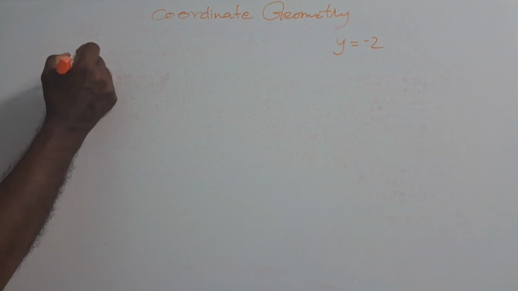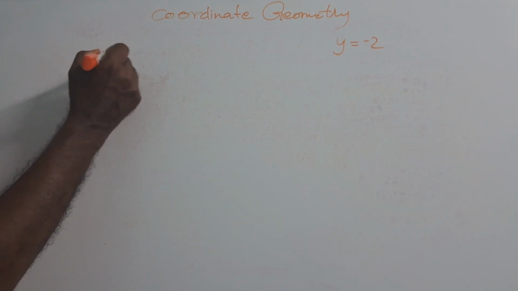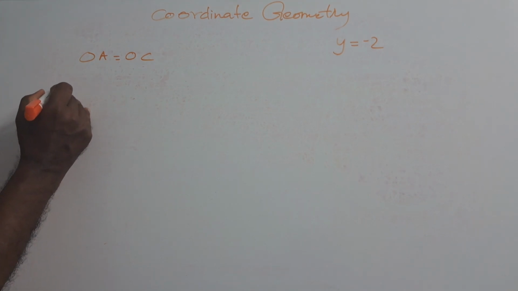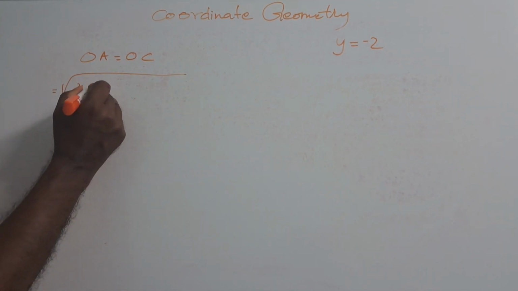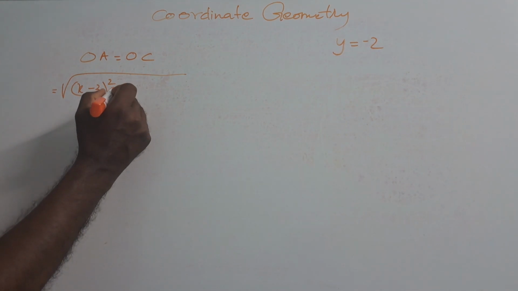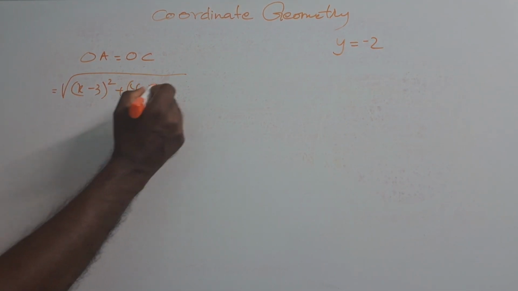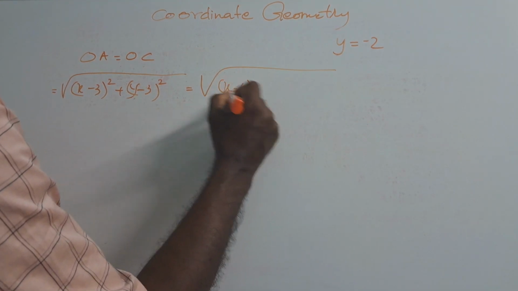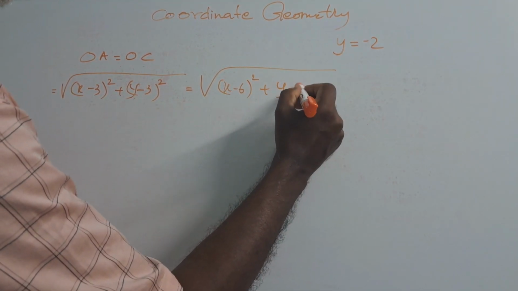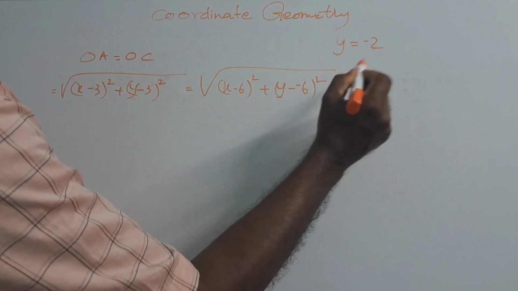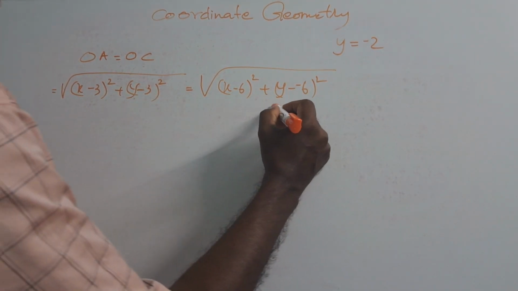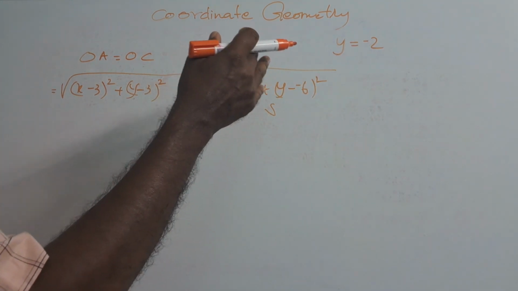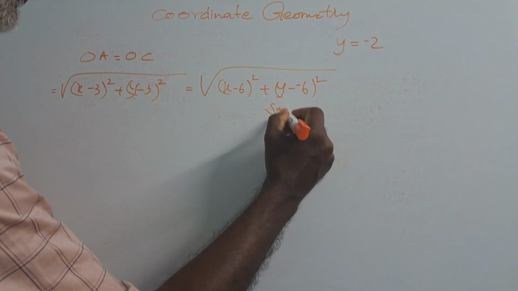For this, let's equate OA equals OC, equals root of (x minus 3) the whole square plus (y minus 3) the whole square is equal to root of (x minus 6) the whole square plus (y minus minus 6) the whole square. Squaring the equation similar to the steps that we used in the first case.